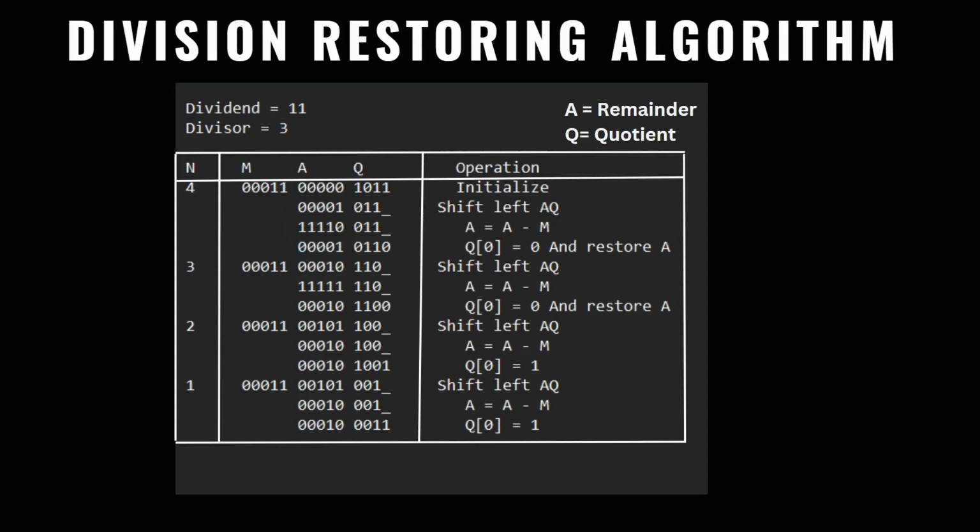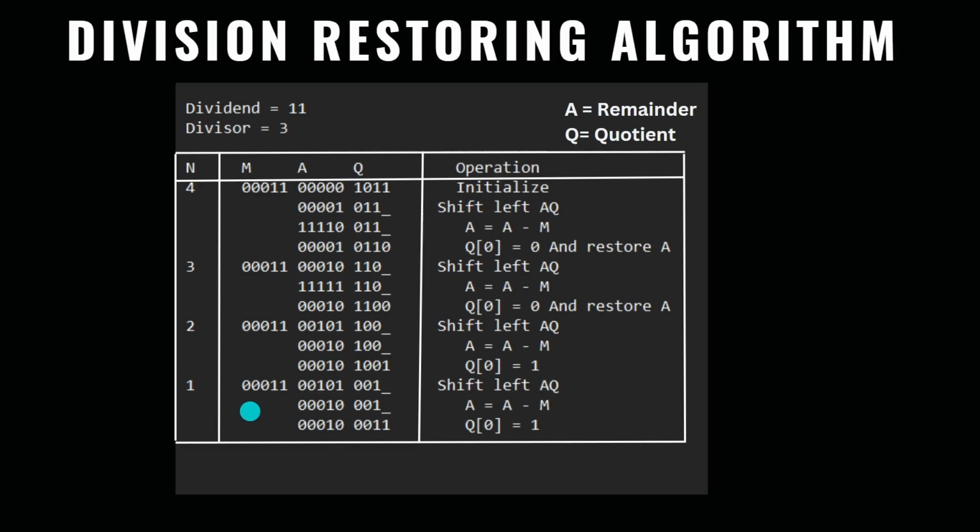The similar step is followed for the third cycle, but there is something different in the second cycle, as the MSB is 0, therefore 1 is added in LSB, that is Q naught, and the restoration of A does not happen.